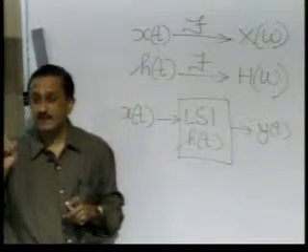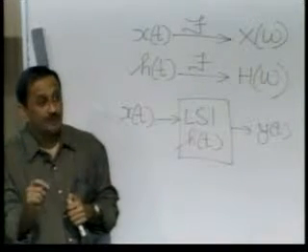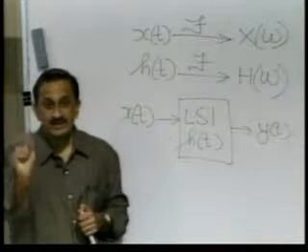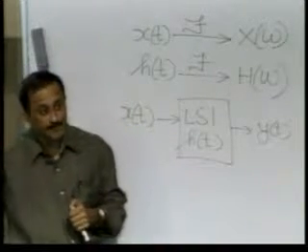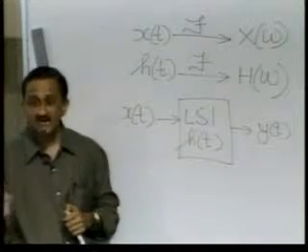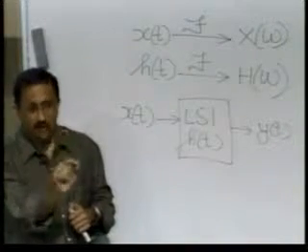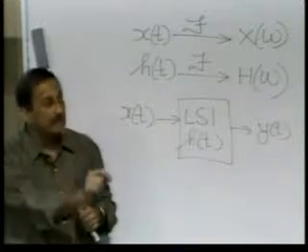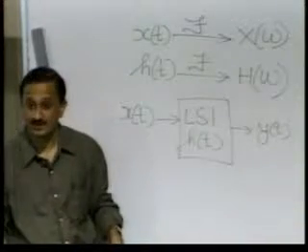You see, if you looked at the Fourier series representation, what did you say? You said, if I find the component along the direction e raised to the power jk omega naught t, the component along e raised to the power jk omega naught t at the output could be obtained by multiplying the input component at k omega naught by the impulse response component at k omega naught.